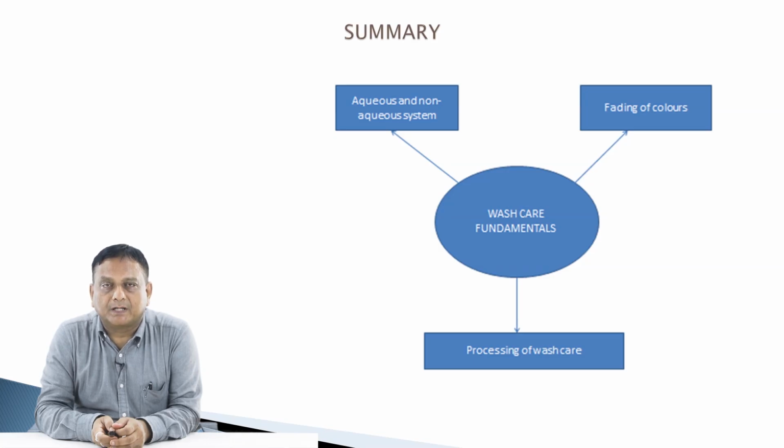And we have also seen that two different types of washing are there. One, we have seen the aqueous system, by which the detergent and water is getting used, and another system we have seen the non-aqueous media, that is the dry cleaning for delicate type of garments or the different kinds of woolen items or leather or suede kind of items.